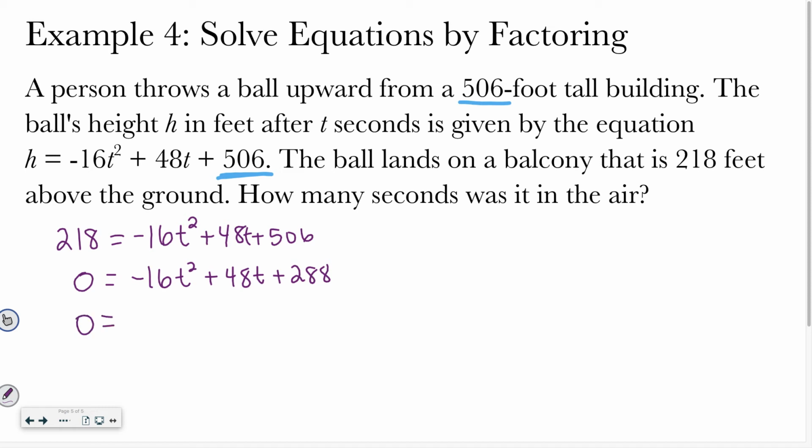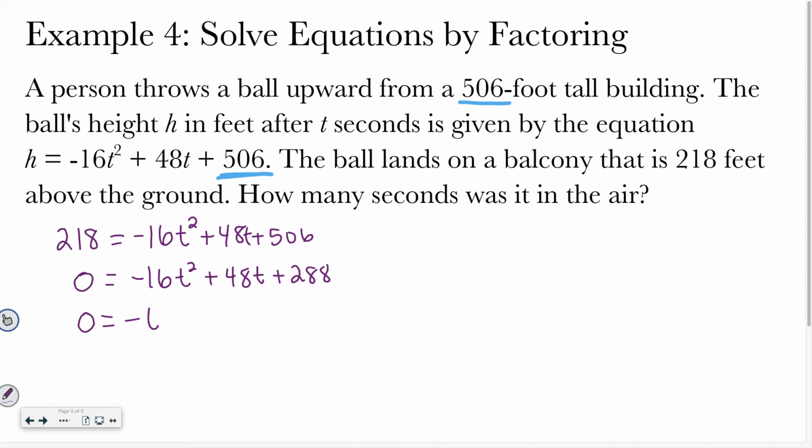I notice that all of those numbers are even, so if I divide, so 0 divided by, let's see, what number goes into all of those? 8 for sure does. 16 actually might too. If we divide everything by 16, 0 divided by 16 is still 0.